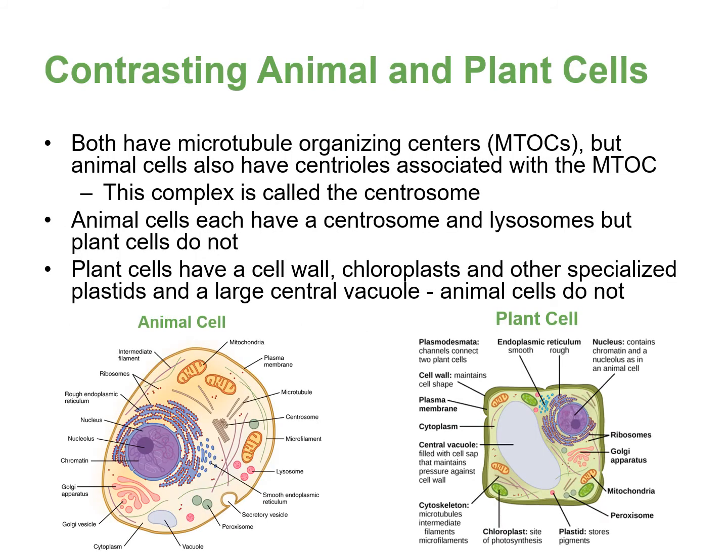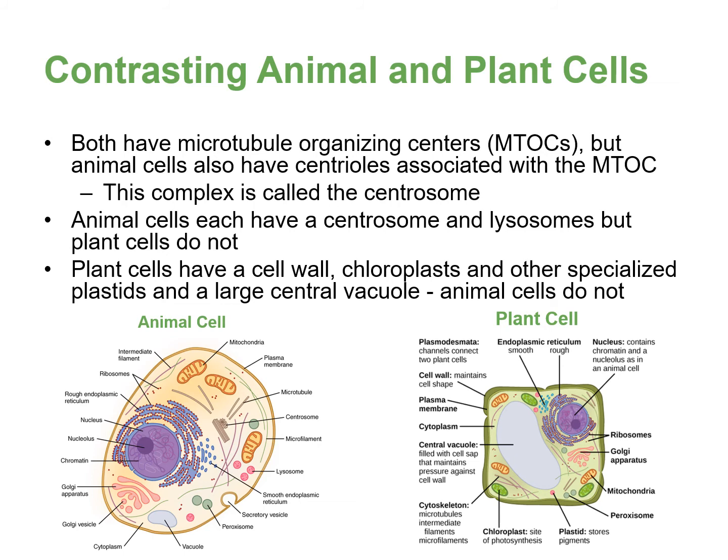So at this point, you know that each eukaryotic cell has a plasma membrane, cytoplasm, a nucleus, ribosomes, mitochondria, and peroxisomes. But there are some striking differences between animal and plant cells.